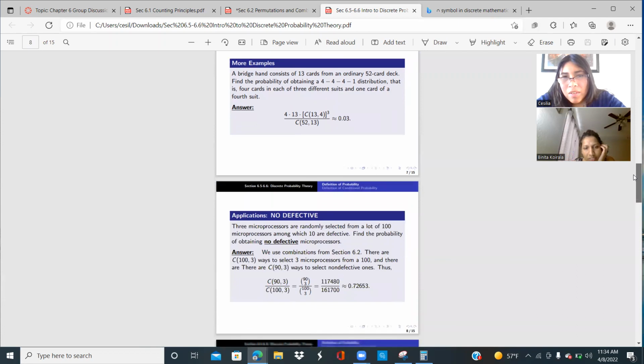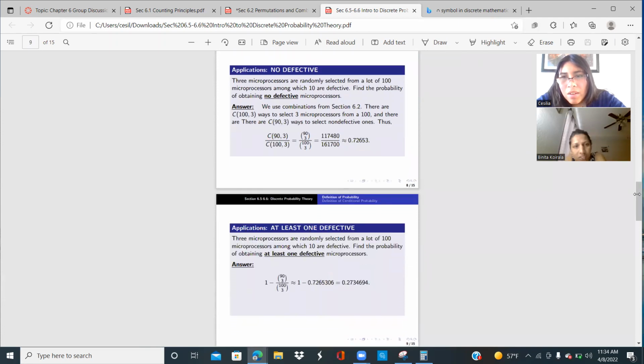Okay, let's go to applications, no defective. 3 microprocessors are randomly selected from a lot of 100 microprocessors, among which 10 are defective. Find the probability of obtaining no defective microprocessor. We use combinations from section 6.2. There are C(100,3) ways to select 3 microprocessors from 100, and there are C(90,3) ways to select non-defective ones.